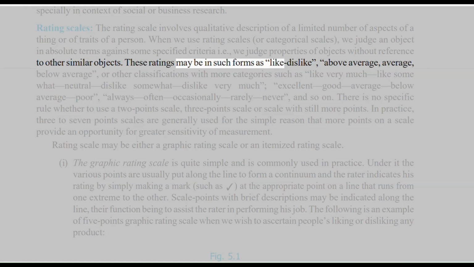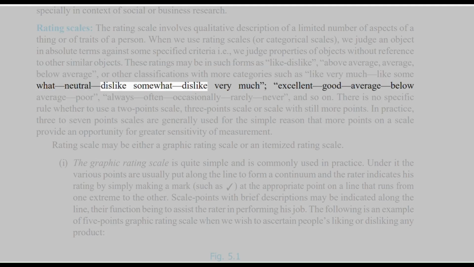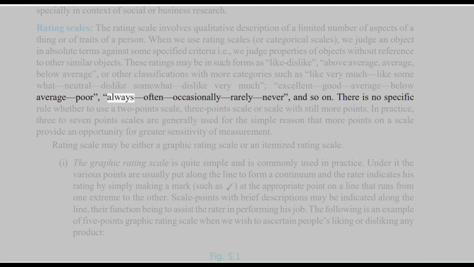These ratings may be in such forms as like-dislike, above average, average, below average, or other classifications with more categories such as like very much, like somewhat, neutral, dislike somewhat, dislike very much; excellent, good, average, below average, poor; always, often, occasionally, rarely, never, and so on.